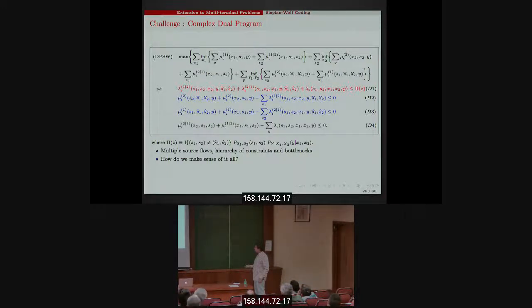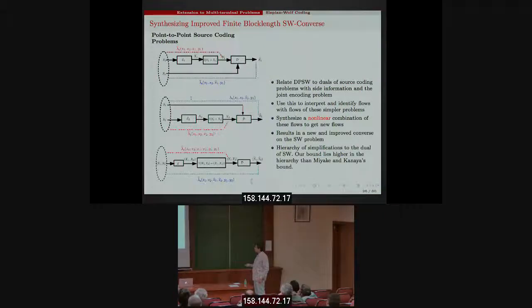To make sense of this, one way is to use simpler point-to-point problems as sub-problems, and to understand how to relate the variables of the Slepian-Wolf problem to the variables of these problems. You can take, for example, the problem of source coding S1 with S2 as side information, source coding S2 with S1 as side information, and the problem of jointly source coding S1 and S2.